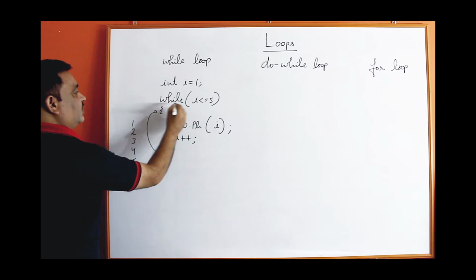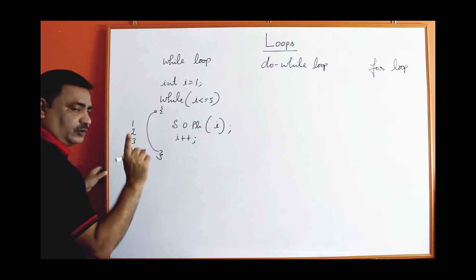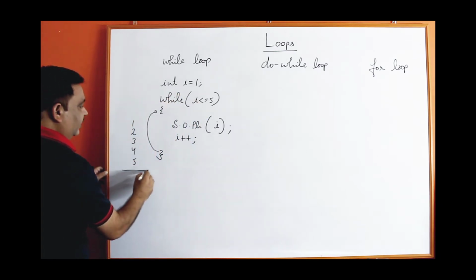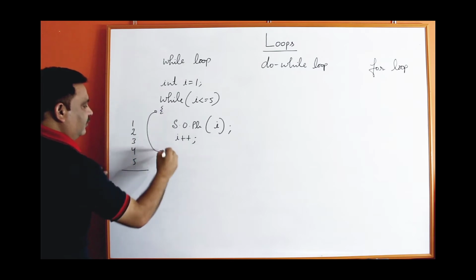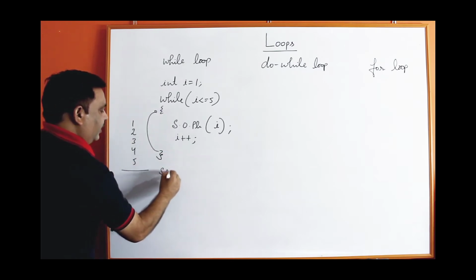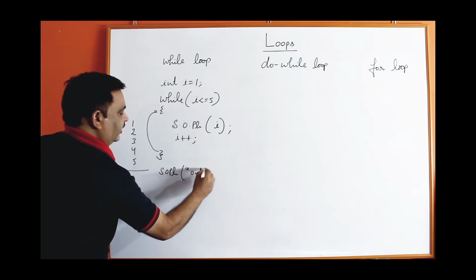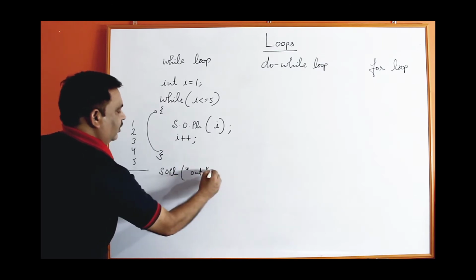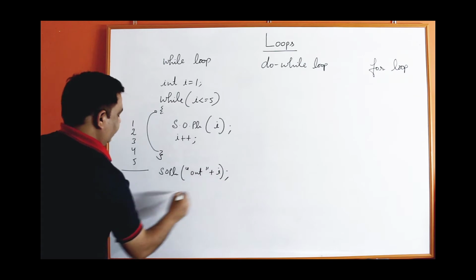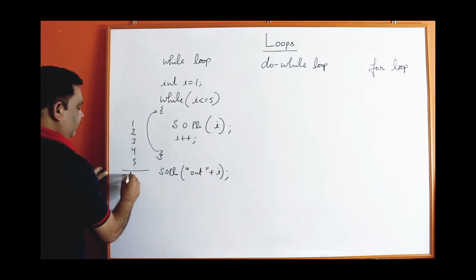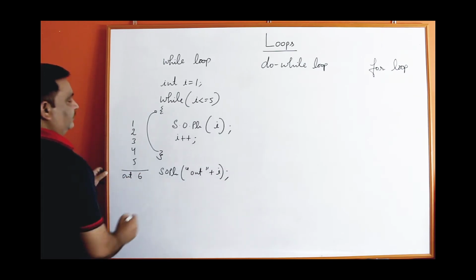When it will become 6, now 6 is not less than equal to 5, so loop will be terminated and control will come out of this block. Here, if you want to check the value of I out of the block, I am just writing to make you understand out of the block. If you want to check the value of I, so out of the block it will print 6.